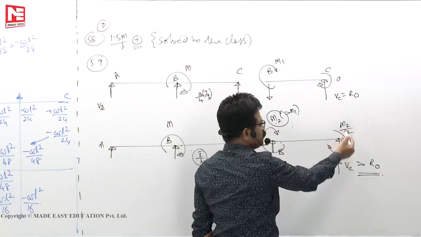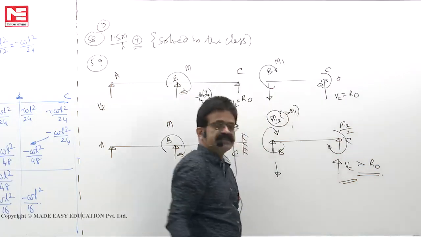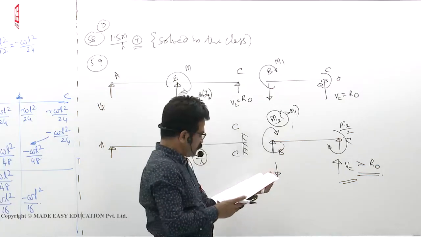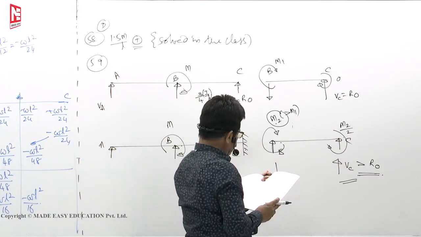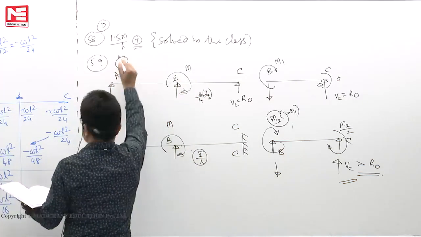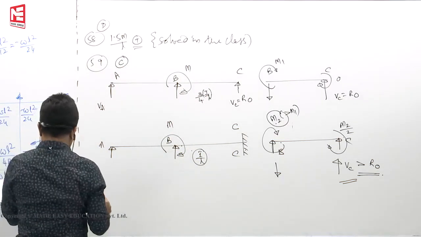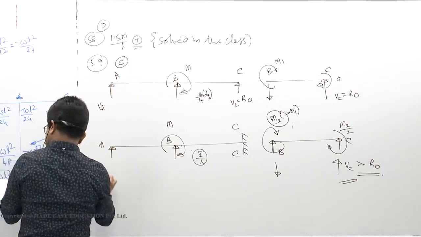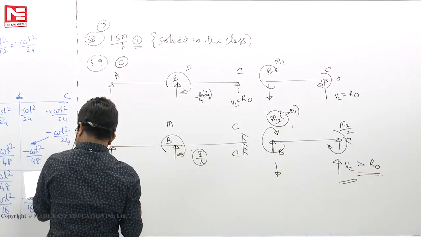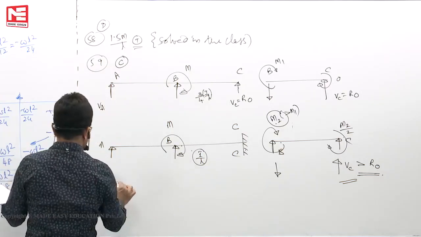So anti-clockwise couple will form. So reaction at C will be naturally more than R0. So you simply have to answer greater than R0. 59C. Next 60. This question we have solved in the class. MBC plus MCB. 60th B is the answer.